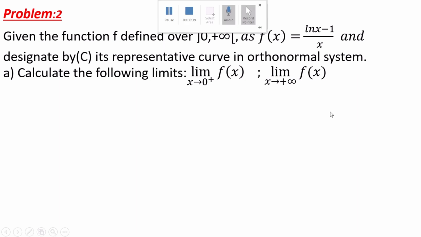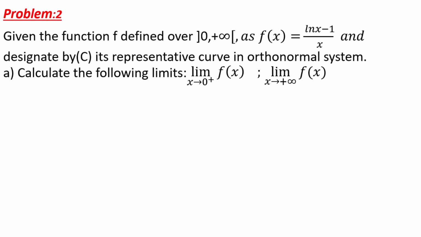Consider the function f defined as f of x equals (ln x minus 1) over x. See its representative curve. We are going to calculate the limit of f of x as x goes to 0 plus and the limit of f of x as x goes to plus infinity. Limit of f of x as x goes to 0 plus: ln 0 plus is minus infinity, over 0 plus, this is minus infinity.